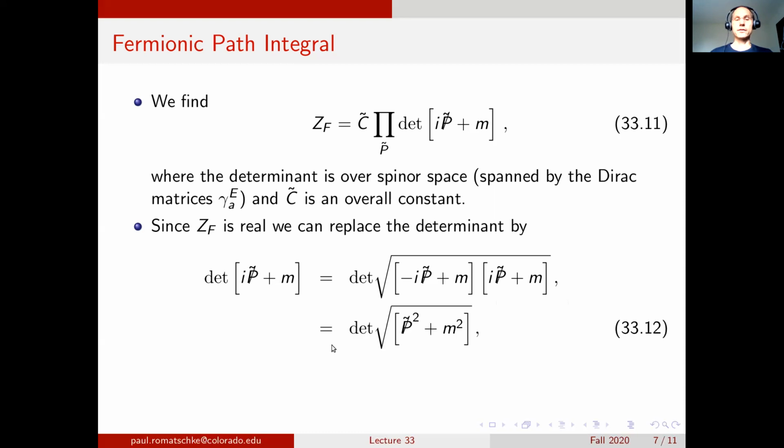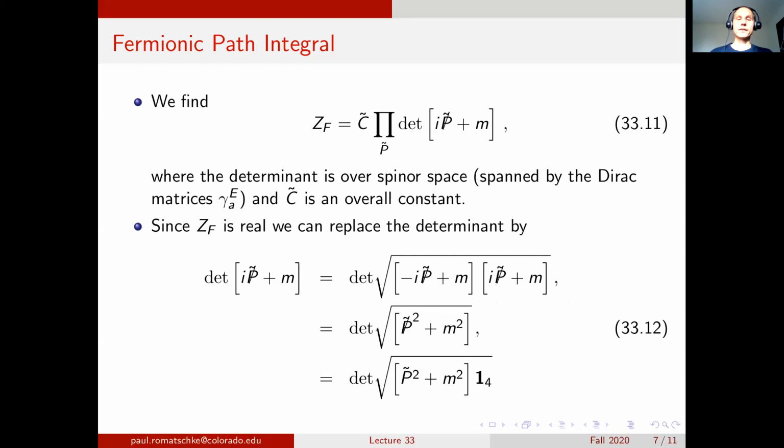So we get that this is equal to the determinant of the square root of p slash tilde squared plus m squared. And the p slash just denotes the product of the gamma matrix and p. So we can use the Clifford algebra of the gamma matrices to write this as gamma A with the same A, which is nothing else but the Kronecker delta for the Euclidean gamma matrices.